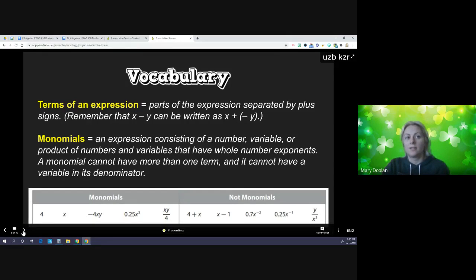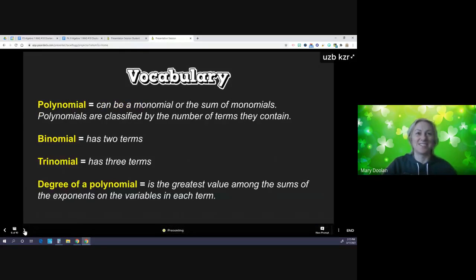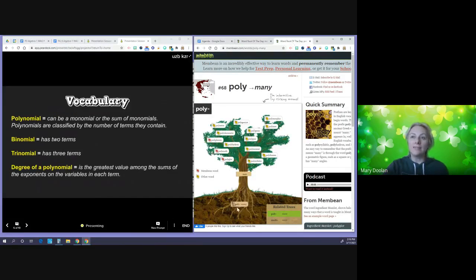Okay, so monomials. Guess what? There's more. Let me just show you. Polynomial. If I look at the root word poly, poly means many. Here's my tree, many.